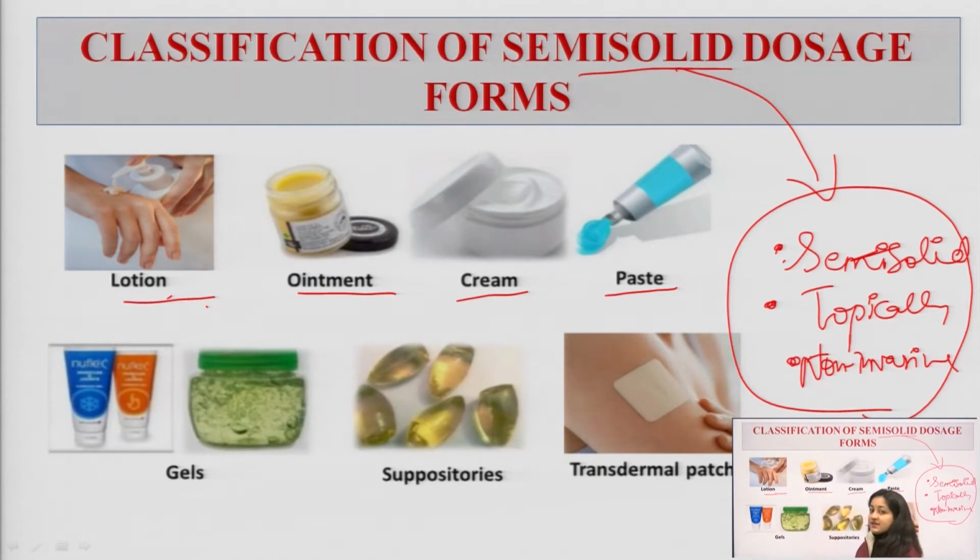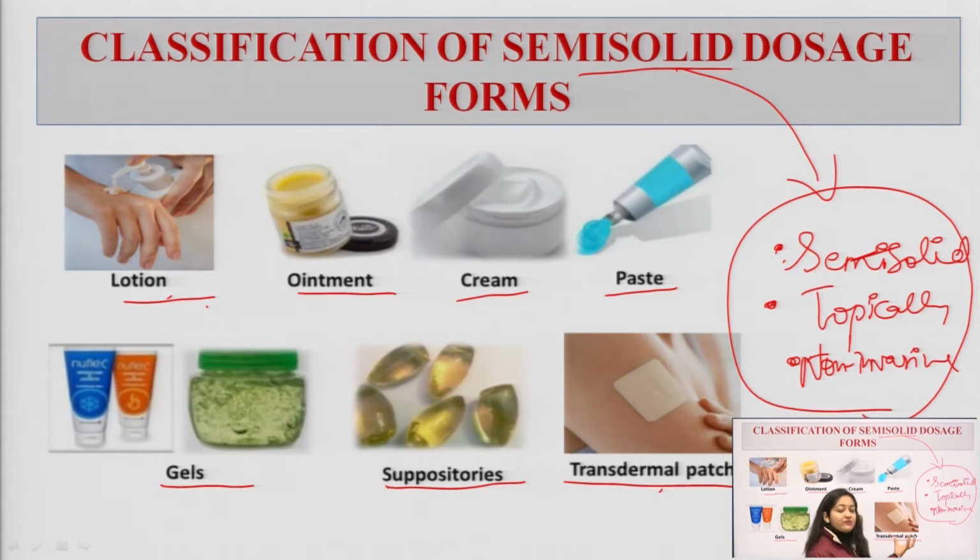Apart from these, we also have certain additions. They are classified as gels. Apart from gels, we have suppositories. And another classification that is also under semi-solid dosage form is transdermal patches. Nowadays, transdermal patches have a huge demand in the pharmaceutical market because they are quite popular.